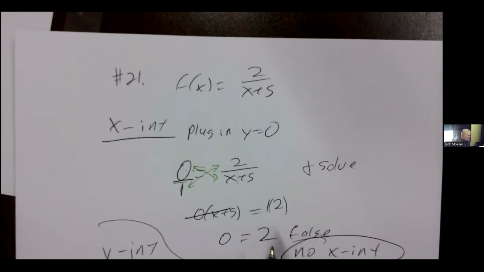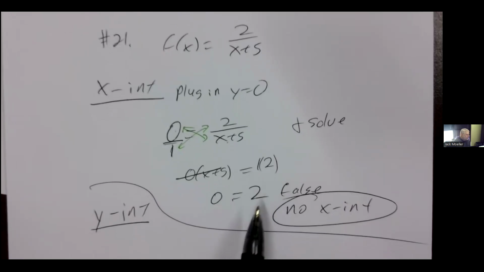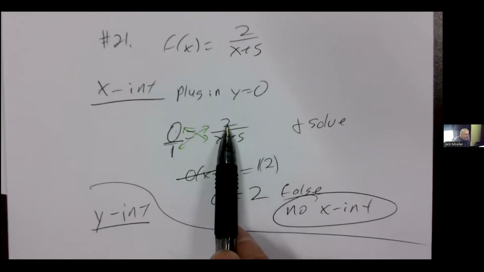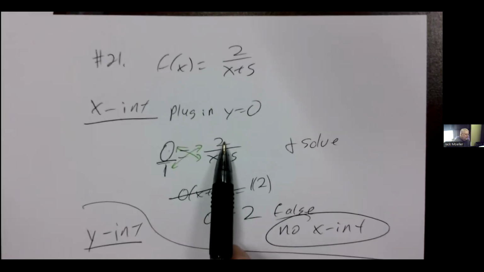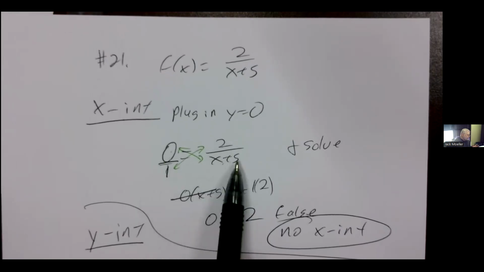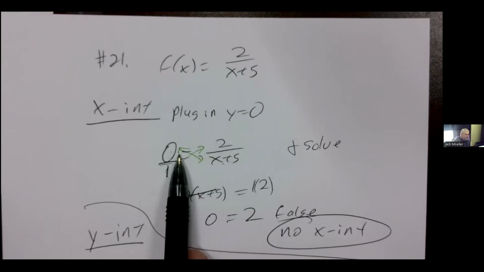Okay. And so the reason that we got no x-intercept is the numerator was a number. There was no x. So to get an x-intercept, we basically ignore the denominator because we're going to multiply it times 0.